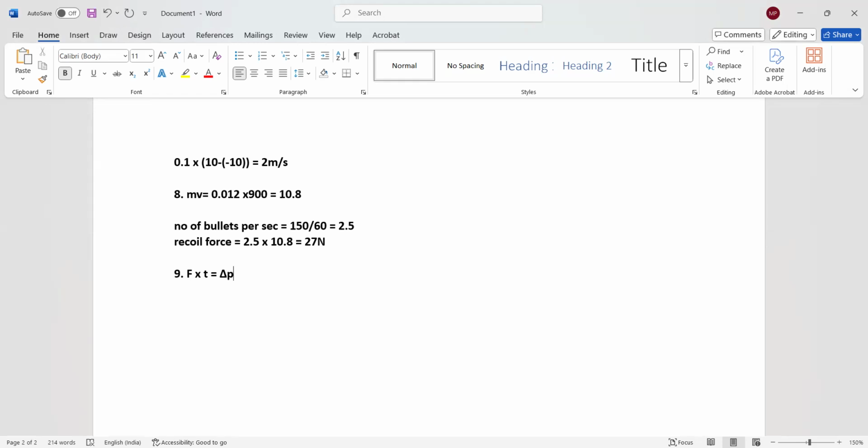That is the reason why we draw hands back while catching a ball. This is according to the principle delta p is equal to F into t.